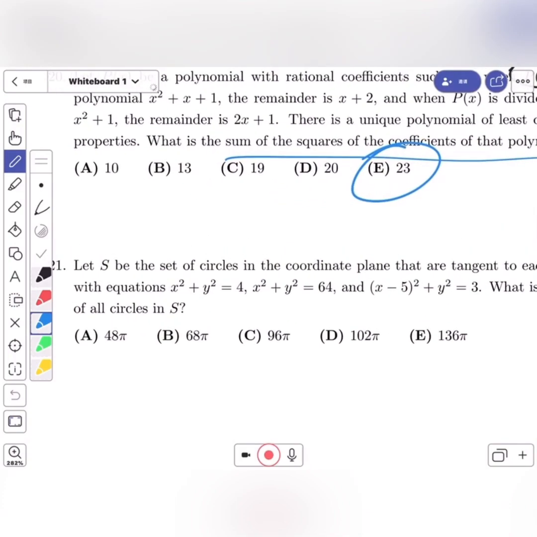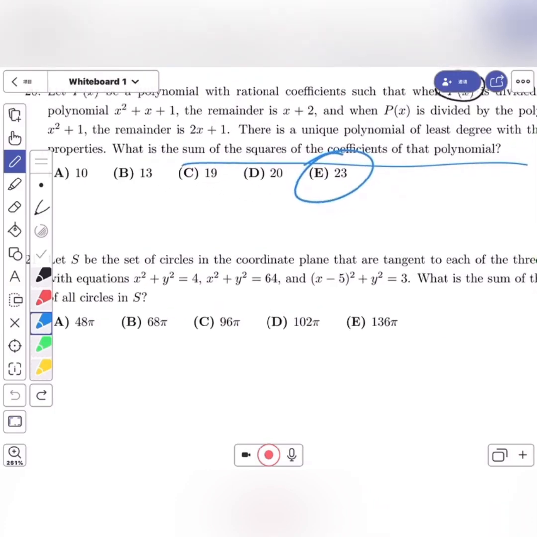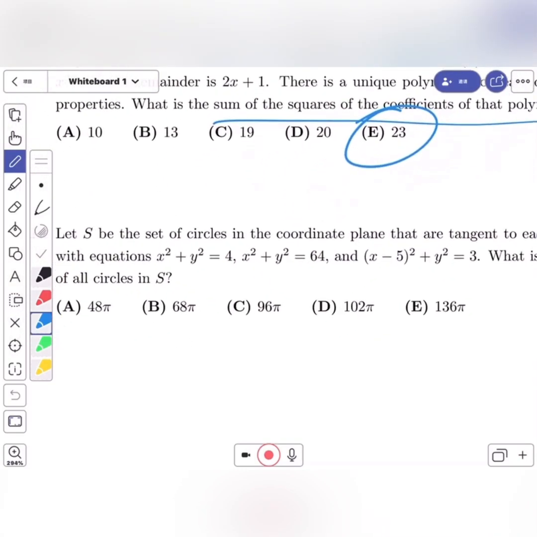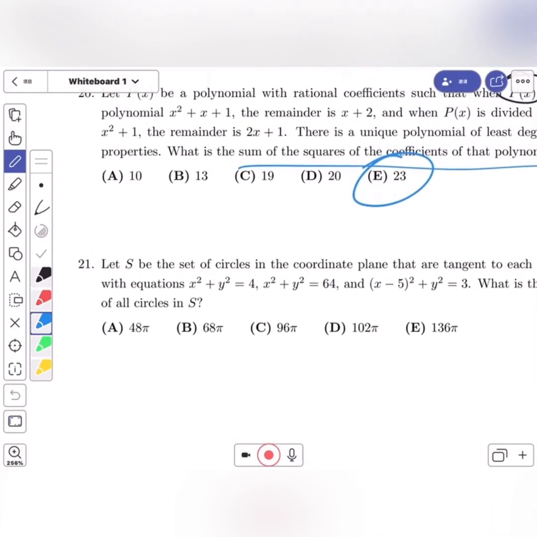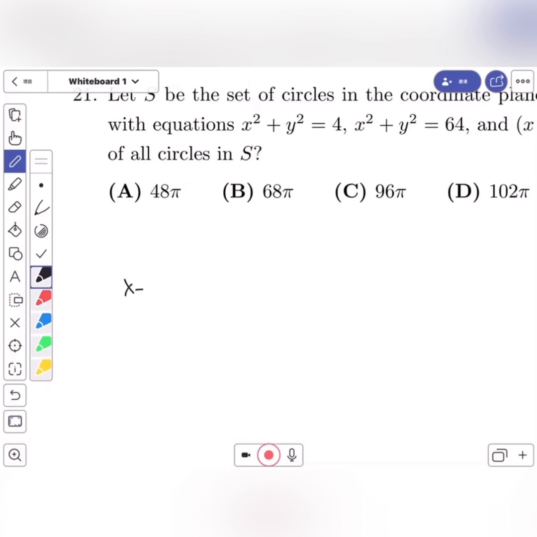Now, these equations are all for circles, and I want to be reminded about the equation of a circle. For the vertex form, check out one of my earlier videos. But basically the general form is x minus h squared plus y minus k squared equals r squared.